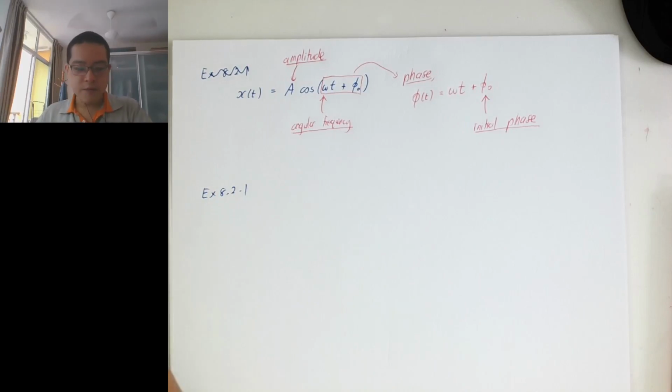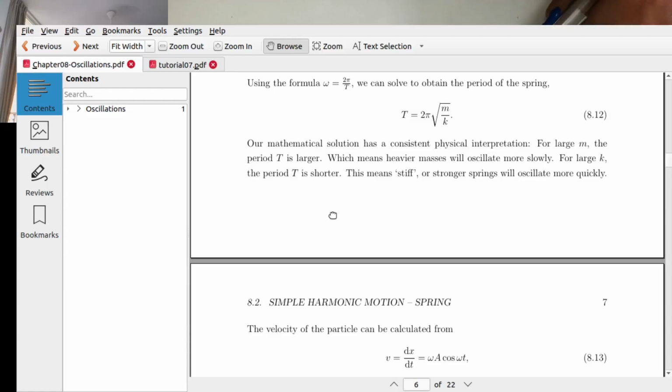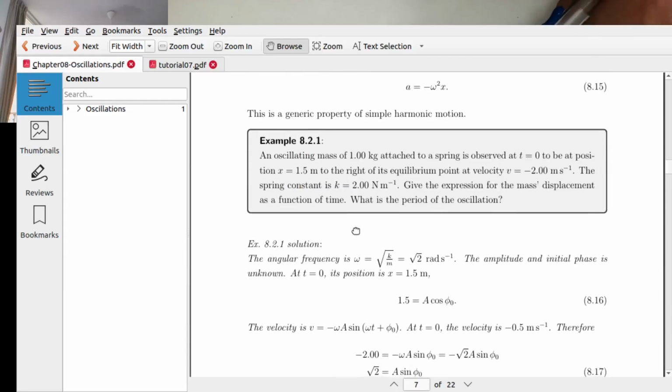Okay, so 8.2.1, how does it go? So I have an oscillating mass of 1 kg, so m is 1, attached to a spring, and at time 0 it is observed to be at 1.5 and so on. First, let me write down the spring constant. The k is 2 newtons per meter, and according to the information given, the position at time 0 is 1.5 meters.